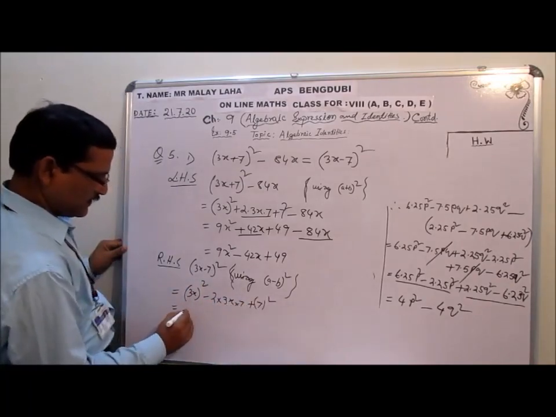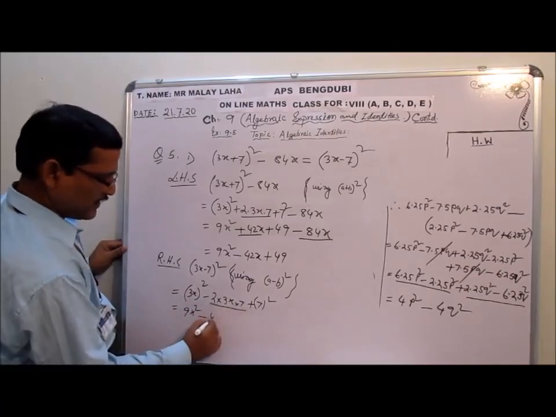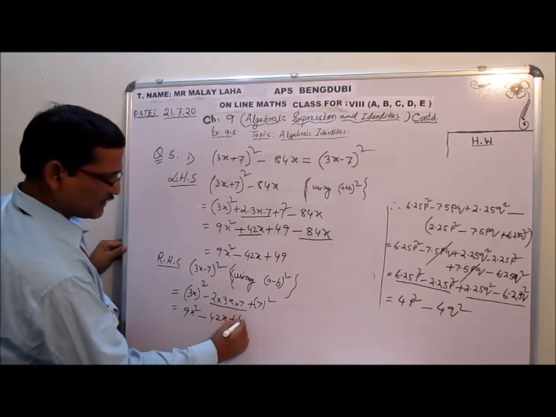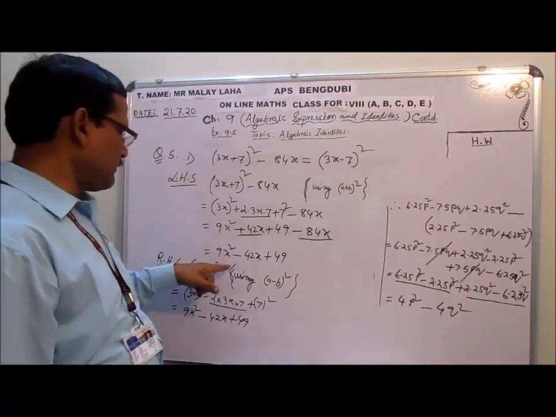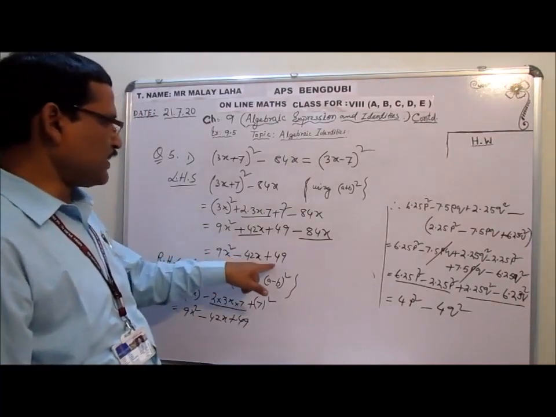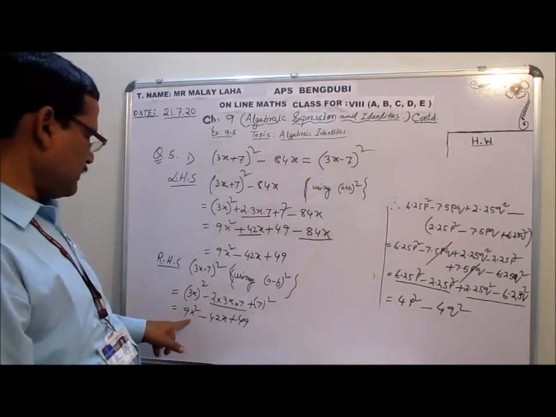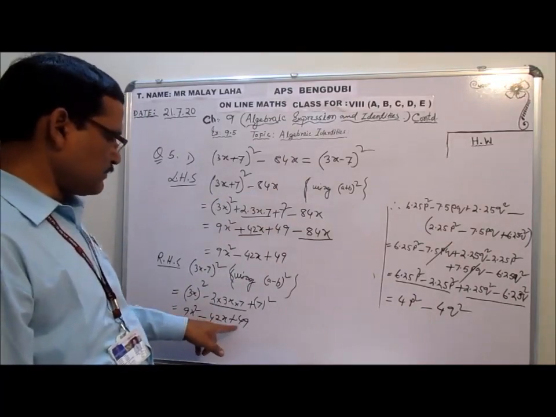So what is this? 9x square, minus 42x, plus 49. You see, what is the result of left hand side? 9x square minus 42x plus 49. What is the result of right hand side? 9x square minus 42x plus 49.